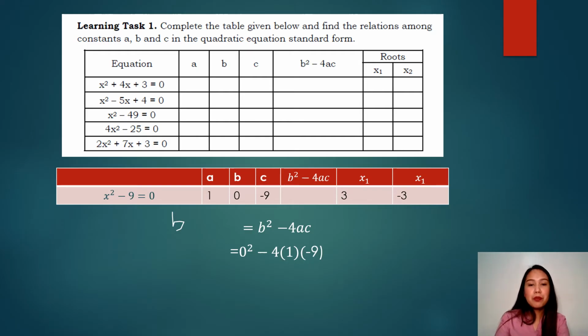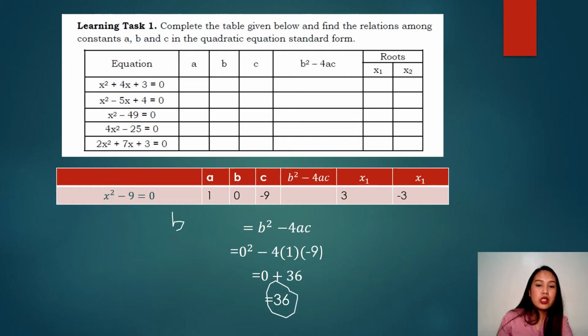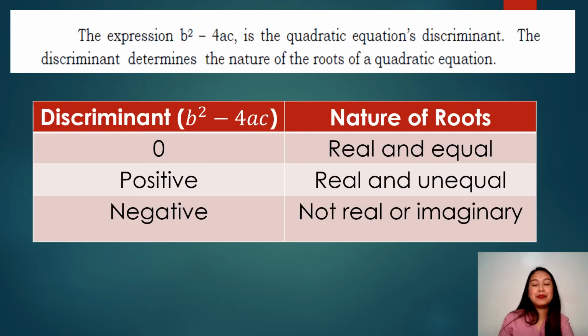Then you can simplify that. 0 squared is still 0, and negative 4 times 1 times negative 9 gives us 36. So this is simplified to 36, and this 36 is what you're going to write here to complete the table. So that is learning task 1.